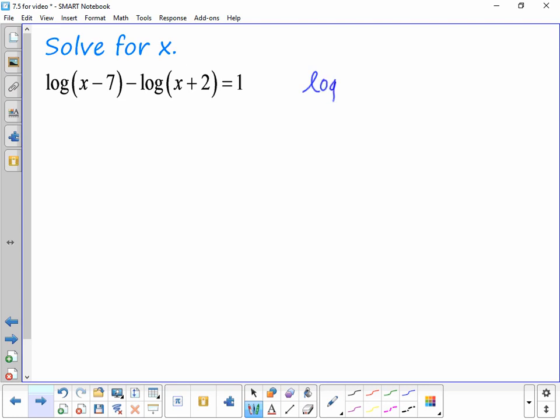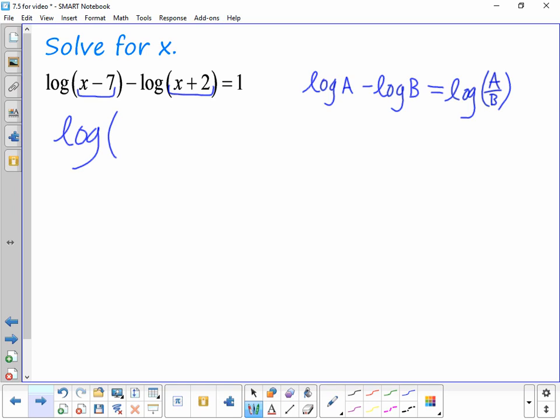We have our log property that tells us if we have a log and we subtract another log, that's the same thing as the log of the quotient of the arguments. So it's the log of a over b. In this case, this would be my first part, and this is going to be that second part, the b. So it'll be the log of x minus 7 over x plus 2 is equal to 1. And again, I just used this log property to condense it.